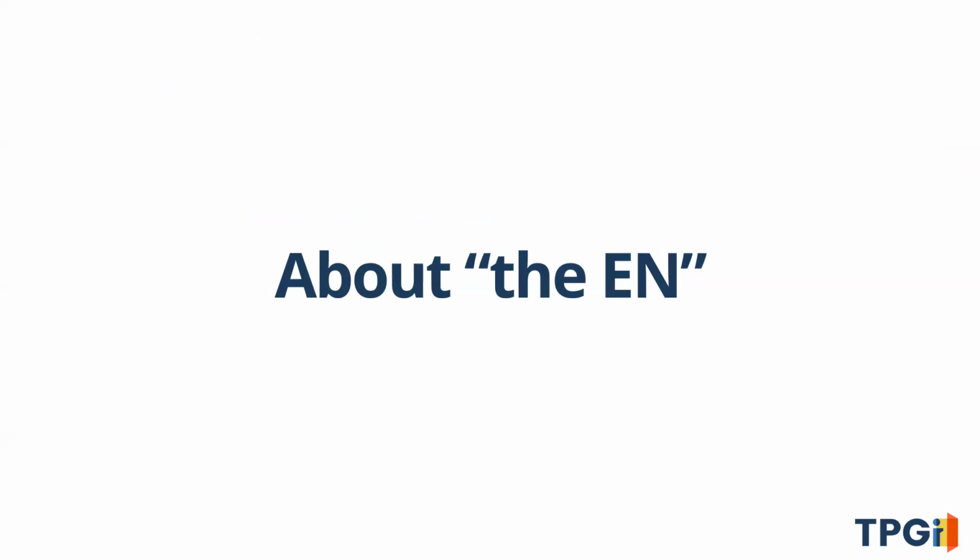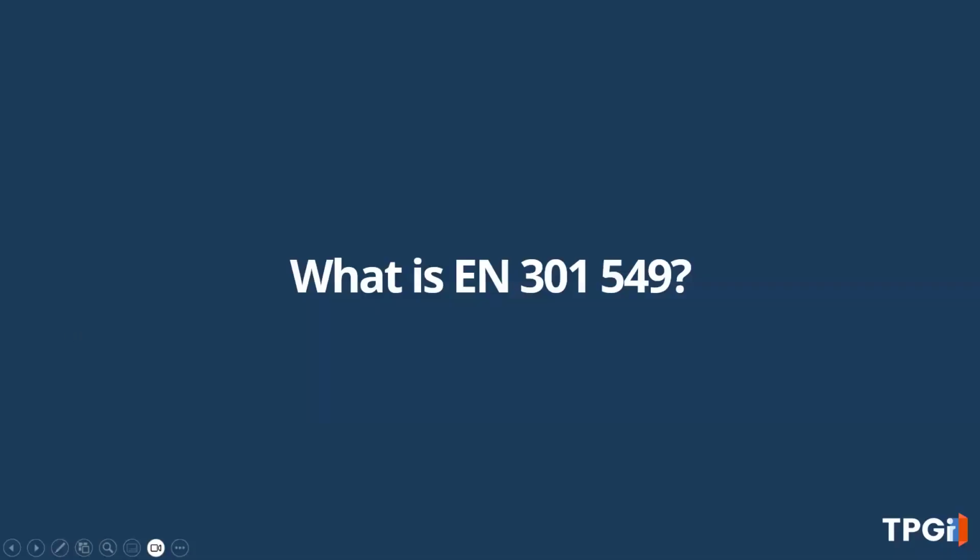So whether you work in UX or development or procurement or policy, understanding this standard is crucial, especially as its role expands with the EAA. In this session, we're going to break down what EN 301-549 is, how it compares to other standards, where it goes beyond WCAG, and what to expect as it evolves.